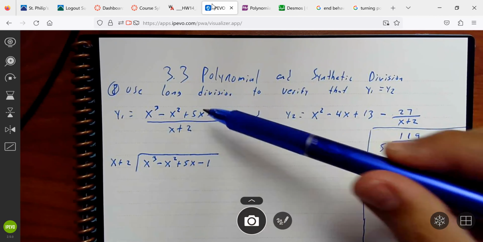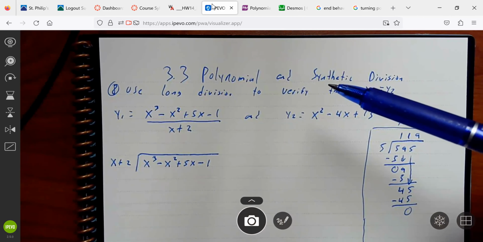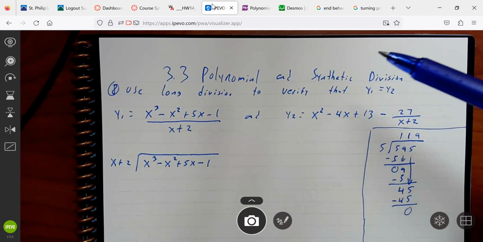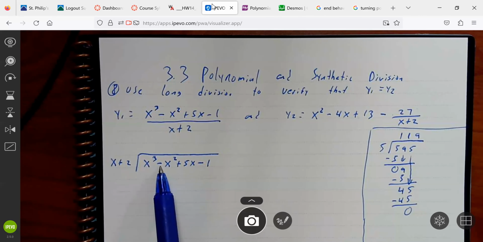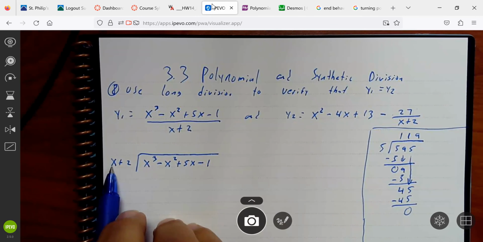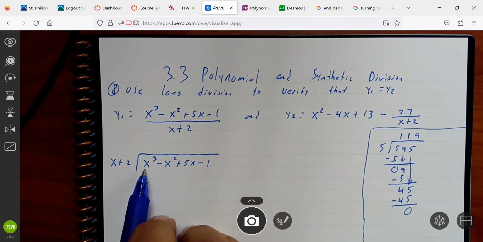This dividing into this. So it's very similar to what we just did, except they're not digits, they're terms. And you're using the first term only to divide into. So the question becomes, how many x's go into x cubed?